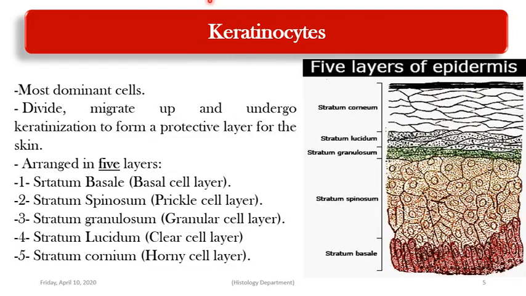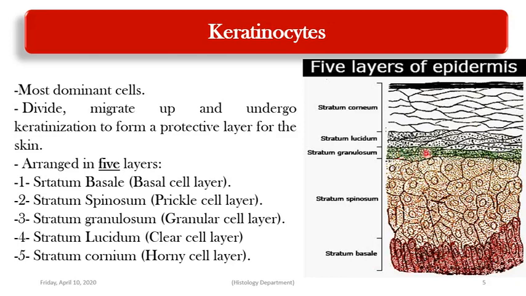As I said, keratinocytes are arranged in 5 layers of the epidermis. The basal layer, which is resting on the basement membrane, is a single layer of columnar cells called stratum basale. Then multiple polygonal cells called stratum spinosum.